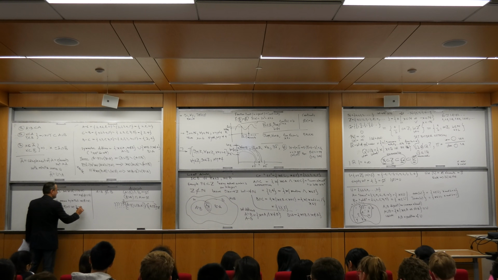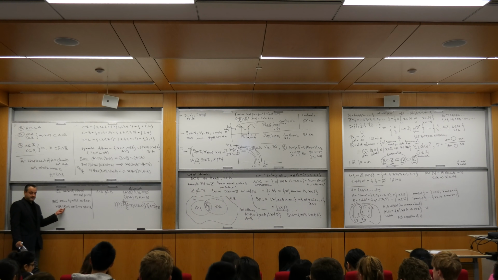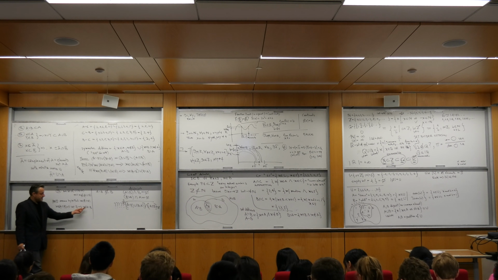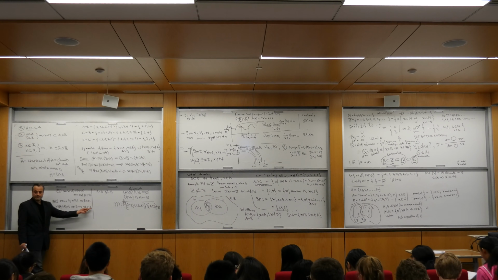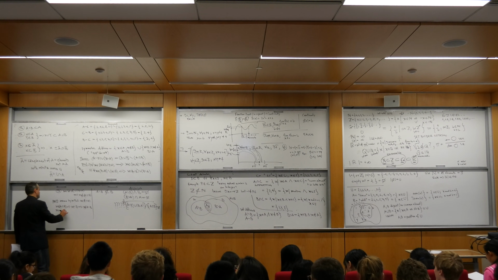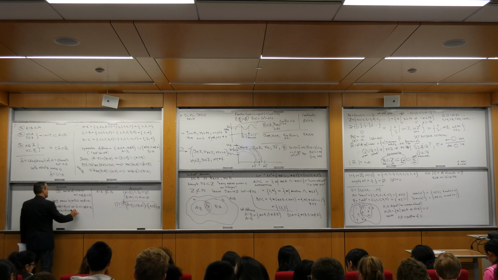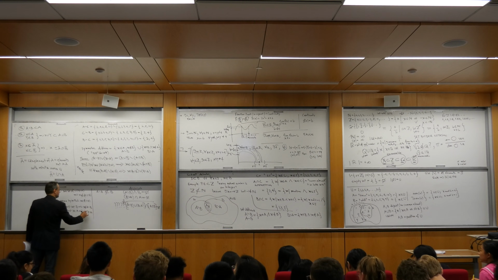Which implies x cannot be in A minus B, right? If it's in the intersection, it must be in B. So when I do A minus B, since it's in here, in the one that's getting taken out, it's not in the set difference. But also x in A minus B implies x is in A, implies x cannot be in B minus A.